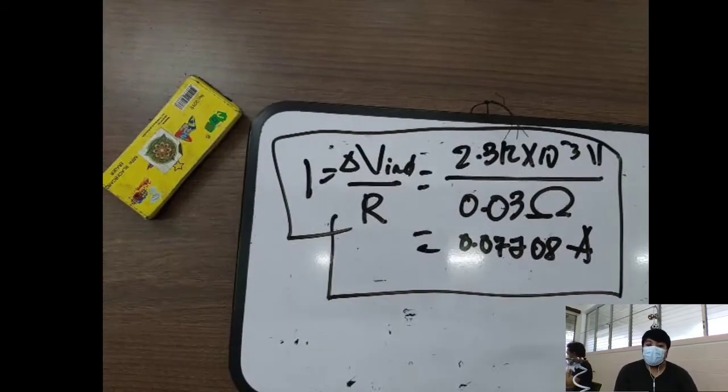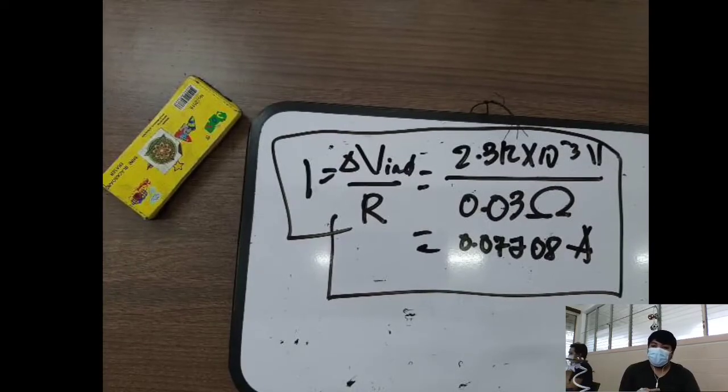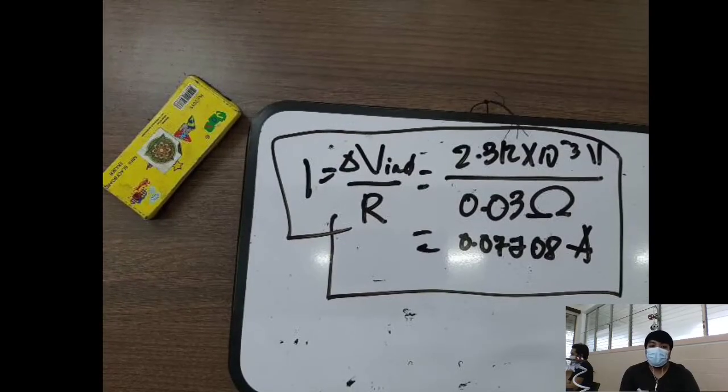Next we will discuss another example of an induced current due to a change in the effective area of the magnetic flux.